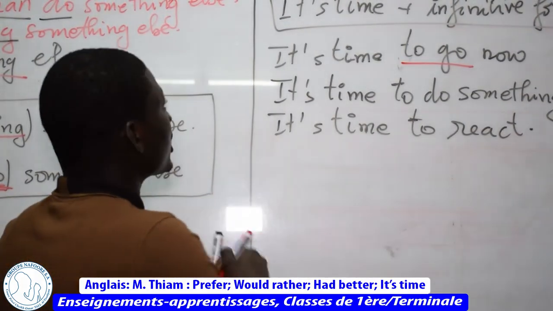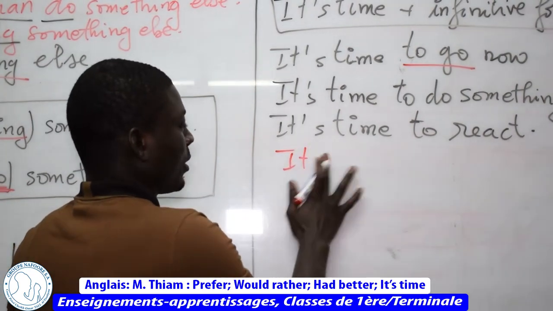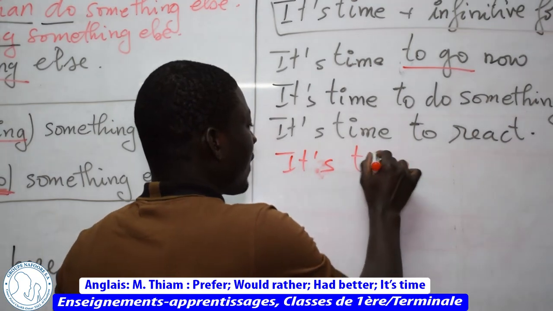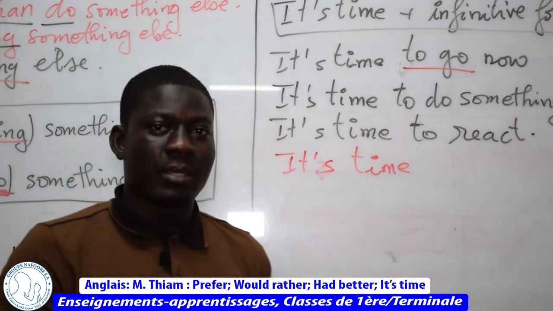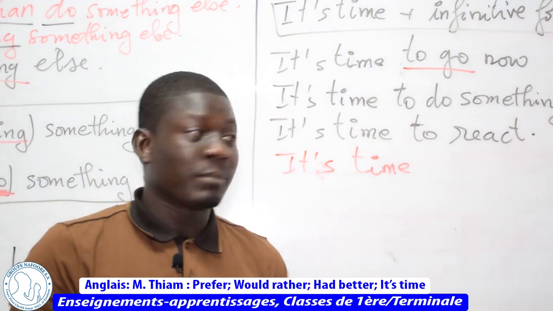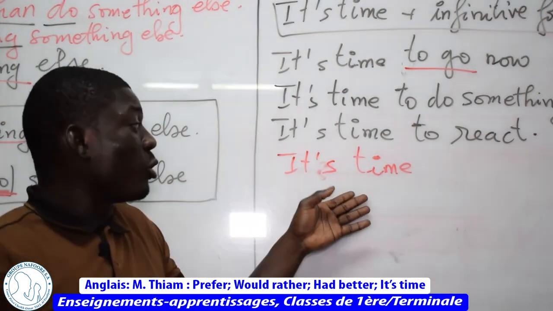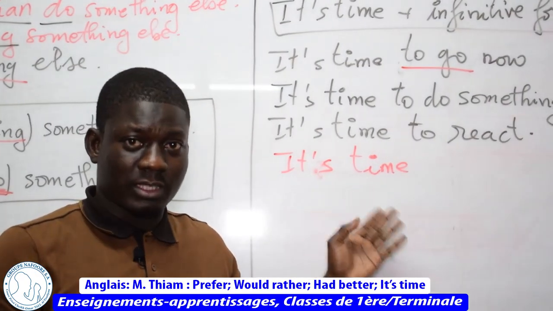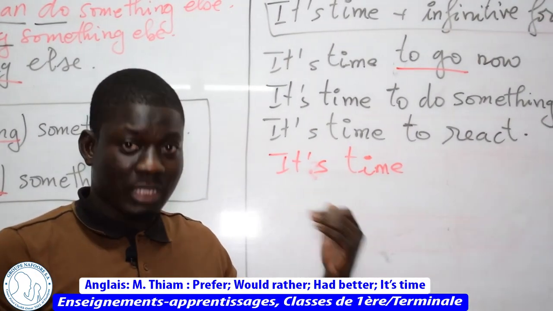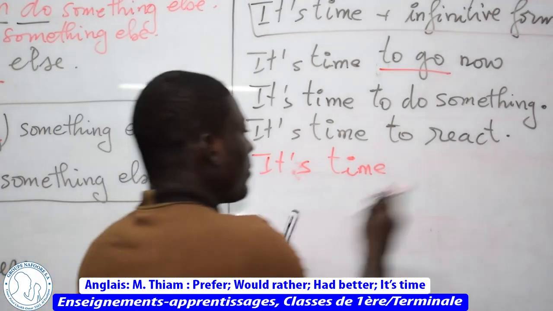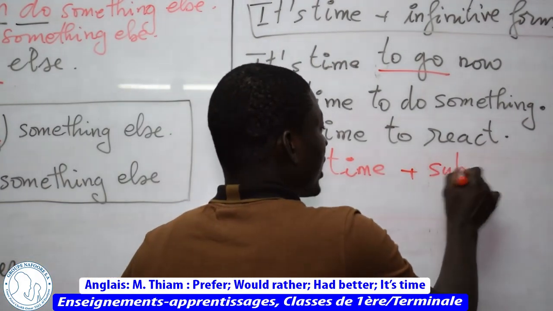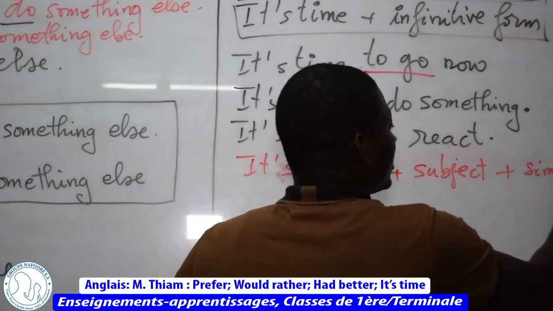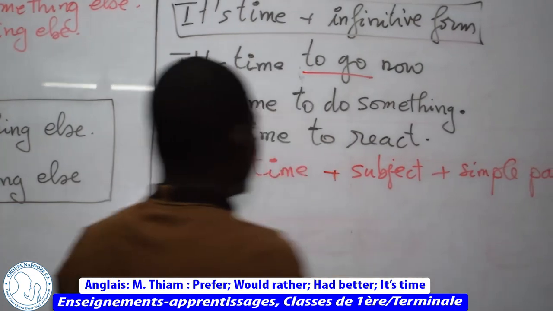But if "it's time" is followed by a subject... Now remember that "it's time", "it's high time", "it's about time", "it's due time": all these expressions are the same. They mean the same thing, and they have the same uses, all right? It's time plus subject plus simple past. Understand?